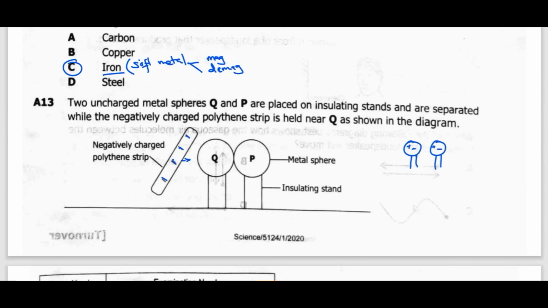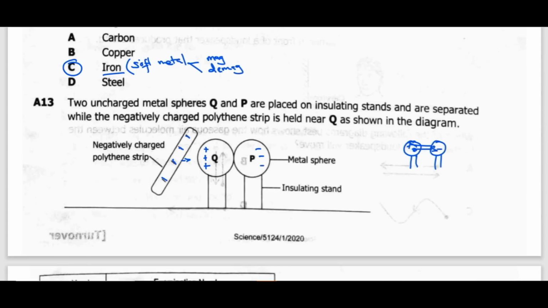If it comes in contact with the negatively charged strip, the negatives will move, and the positives will also move. So here we're going to have the positives here, and the negatives will move in this direction.